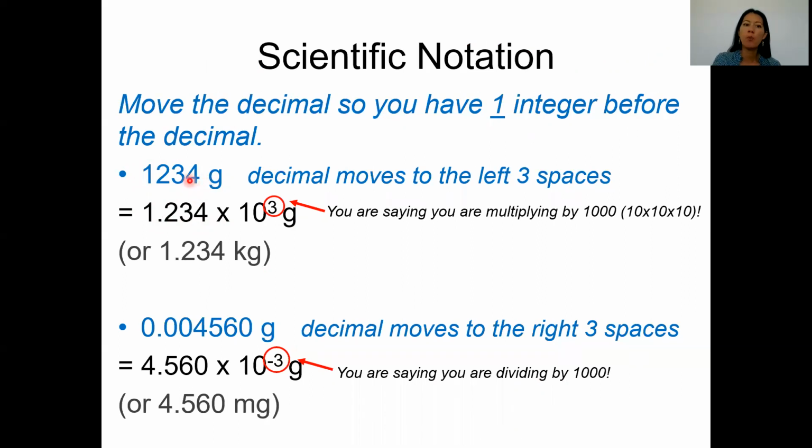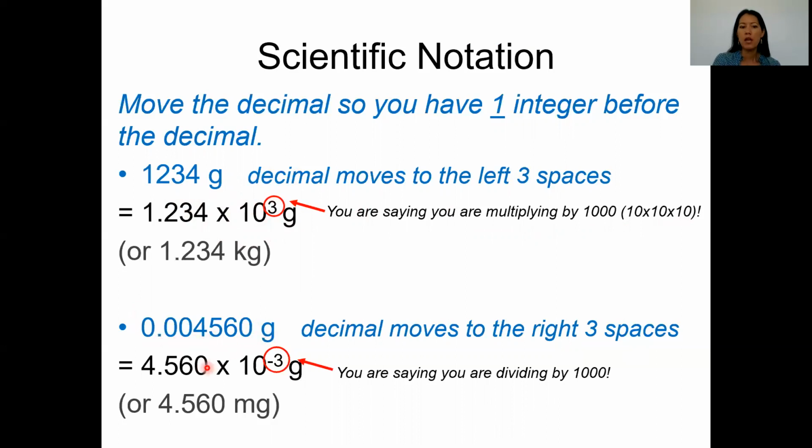So you would have moved it 1, 2, 3 to the left. So if you moved it 3 to the left, you need to account for that by multiplying by 10 3 times. You're multiplying by 1,000, 10 times 10 times 10. So if you have a big number, your exponent better be a positive number.